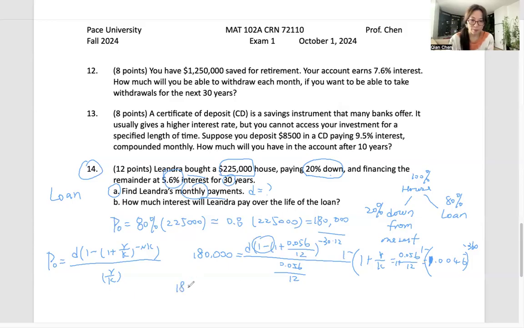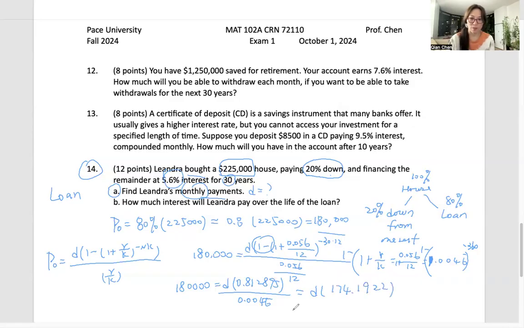Then 1 minus that, multiplied by D, is 0.81285 divided by R divided by K. R divided by K is 0.0046666 and so on. So we use this number divided by 0.0046666.